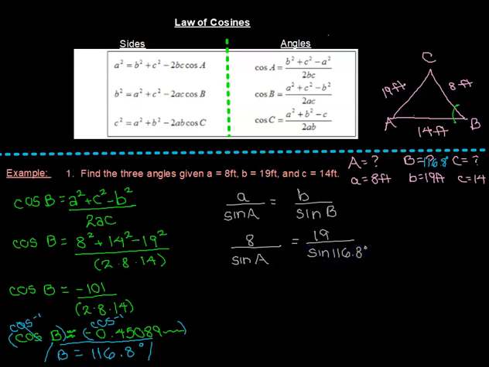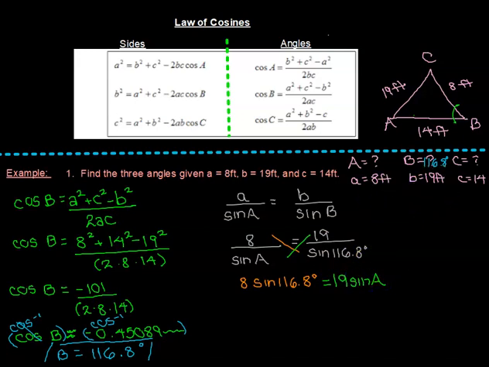And just like in the last video, just using proportions, cross multiply. So I have 8 times the sine of 116.8 degrees equals 19 times the sine of angle A.